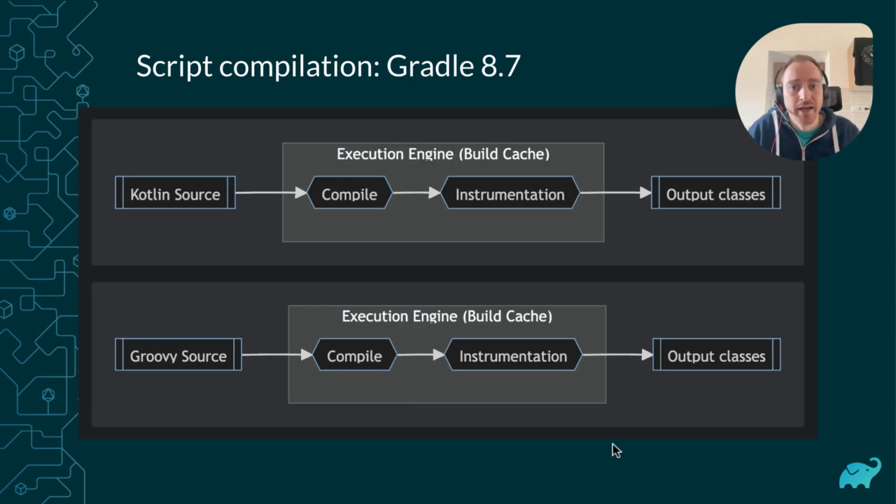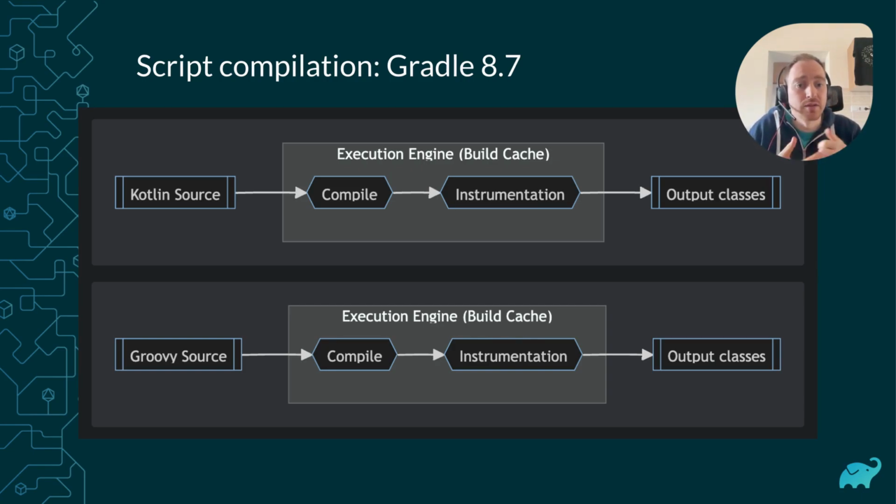With Gradle 8.7, we unified these two pipelines, so they now look almost the same. The important bit here is that compilation and instrumentation now go through the execution engine. Execution engine is an abstraction of work in Gradle.